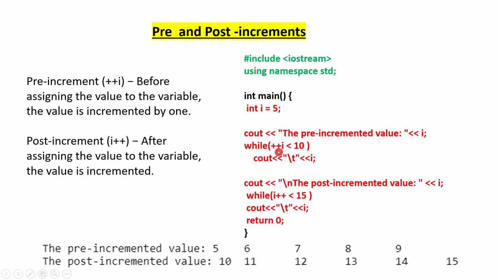So 5, then 6, 7, 8, 9. Because for 10 the condition won't hold, correct. So we have 9 at last. Then when it comes to the post increment, 9 was the latest value, and 9 plus 1, 10 will come here. 10 is less than 15, so 10, 11, 12, 13, 14, and 15.